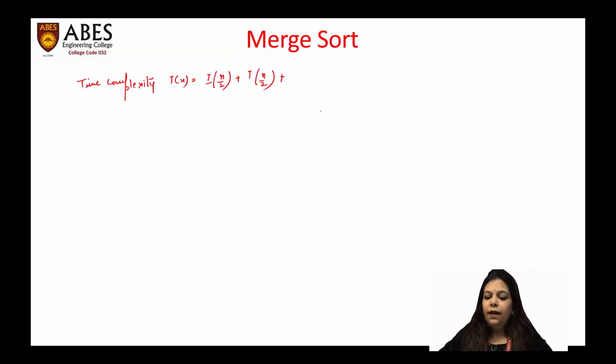So we can say that if we are finding out the time complexity T(n), wherein we are dividing it into subproblems of size n by 2, after dividing it into two problems, the merge algorithm will be done by n operations, right?